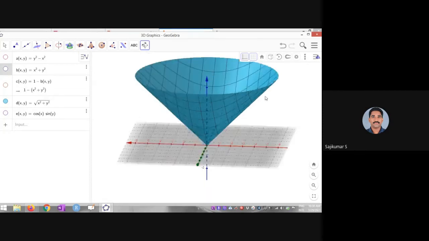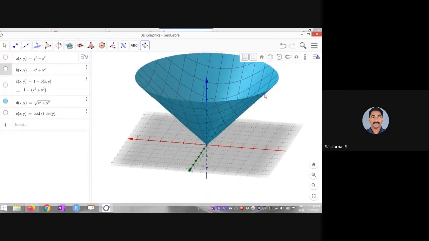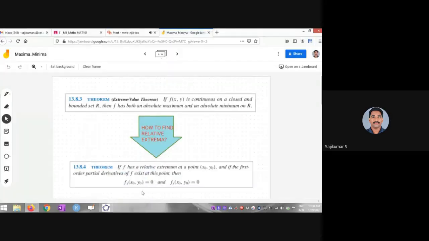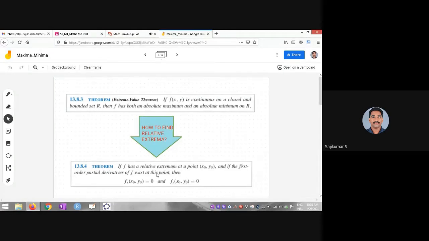So what are the conditions? We have to extend the definition of existence of a relative extremum at a point. One condition is that if the first order partial derivatives exist, then they must be 0 at the relative extremum point. Another point is that if a relative extremum exists at the point (x0, y0), it does not imply that all the first order partial derivatives must be 0.